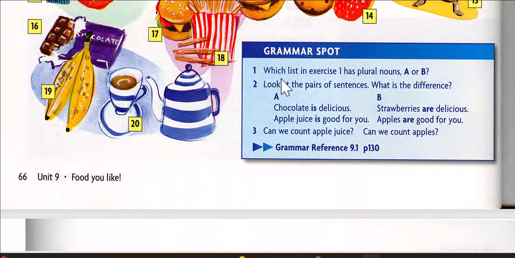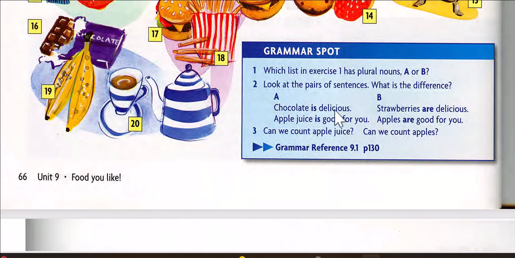So, which list in exercise 1 has plural nouns, A or B? Look at the pairs of sentences. What is the difference? Chocolate is delicious. Apple juice is good for you. Strawberries are delicious. Apples are good for you. When you see here chocolate, it's an uncountable noun, so we use the singular form of the verb.